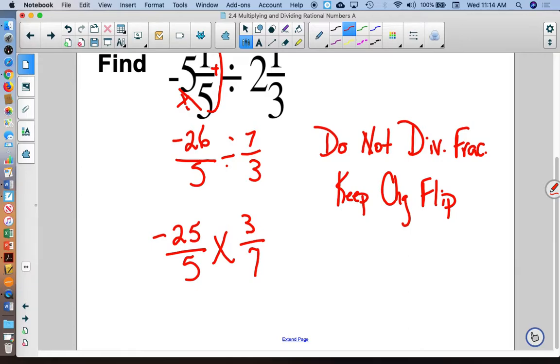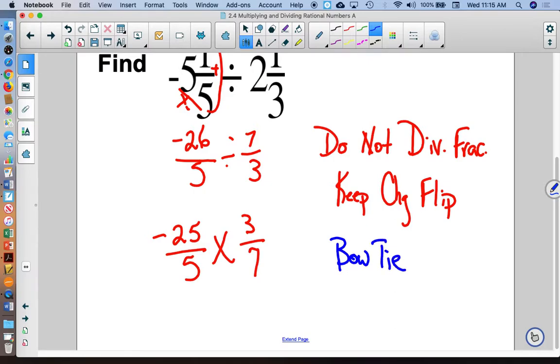Now can I multiply straight across? Yes. But what should I do before I do the multiply, because I'm multiplying fractions now? Bow tie. So then I want a bow tie.